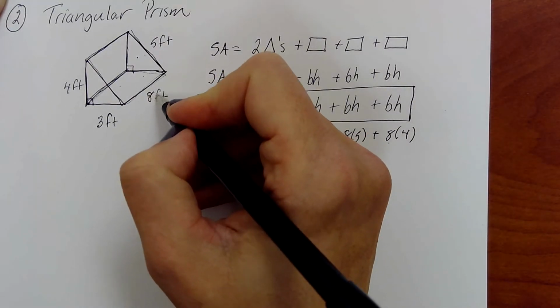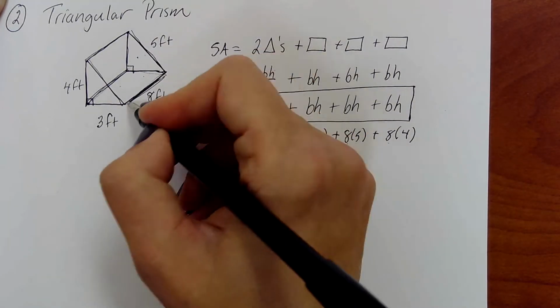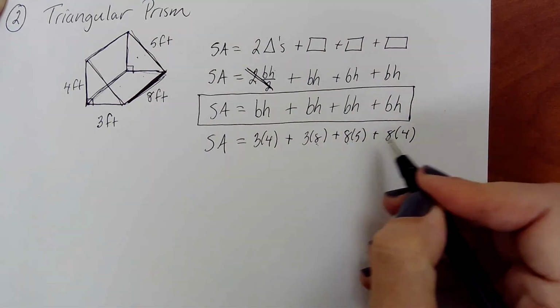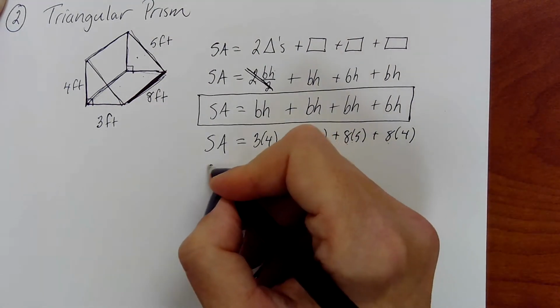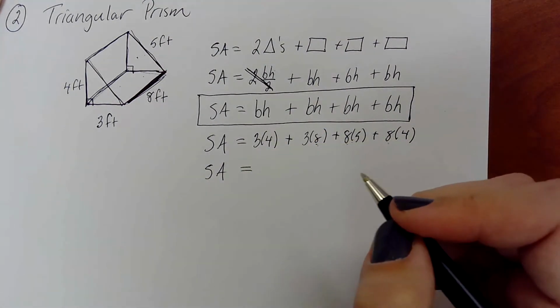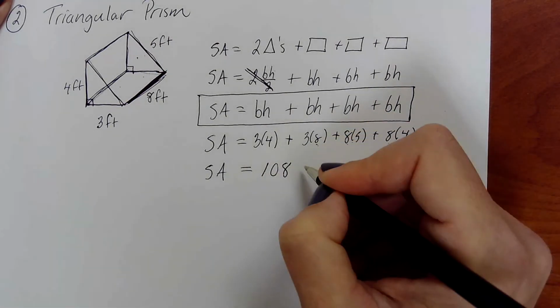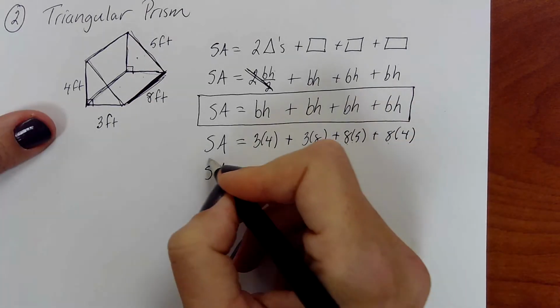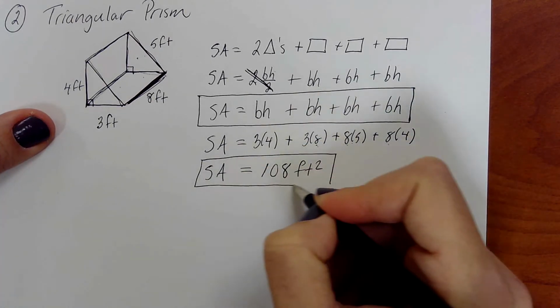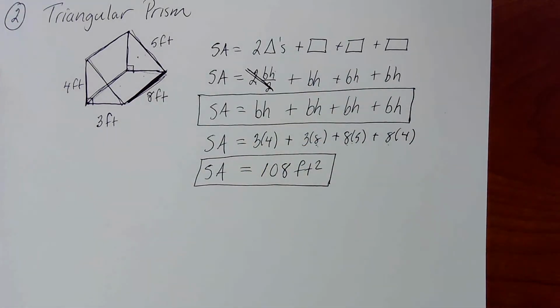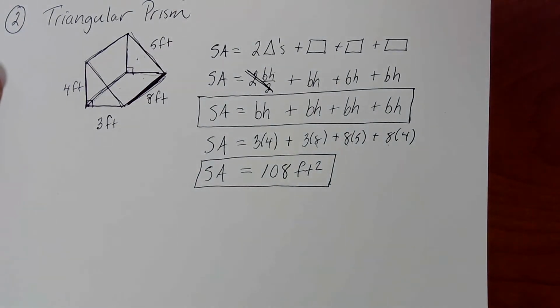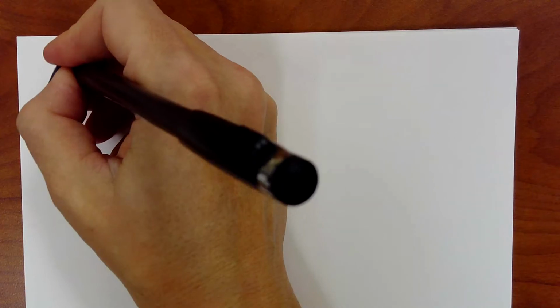That's because this is, remember, the height of the 3D figure? That's going to be in every rectangle. That might help you figure these things out. All right, so you add all those up, and you get 108 square feet. Okay, triangular prism. Okay, what's next? Let's do a cylinder. Oh, this one's fun. All right, cylinder.